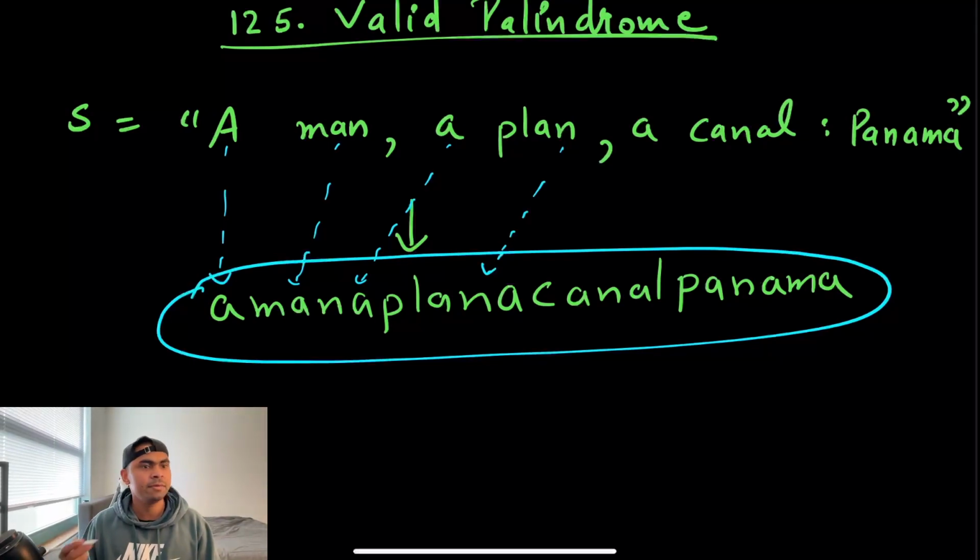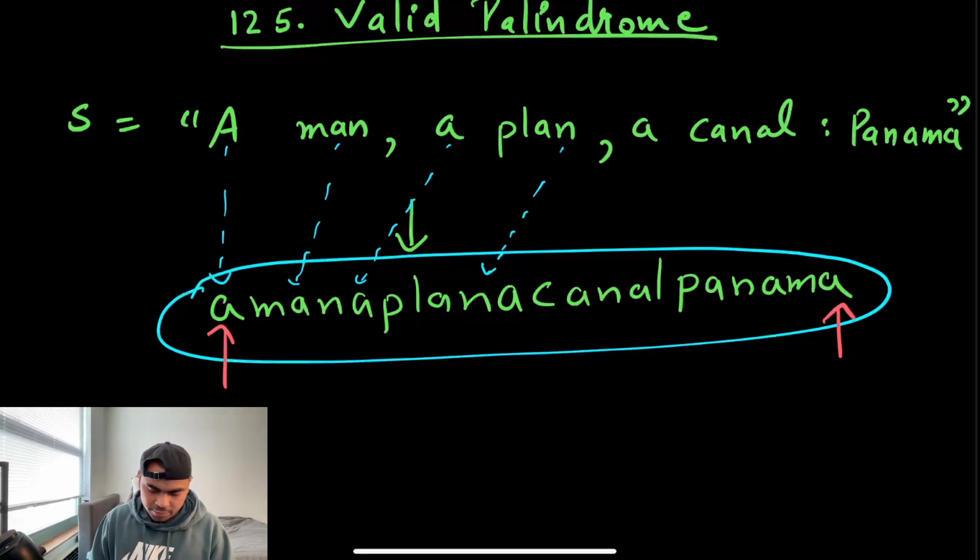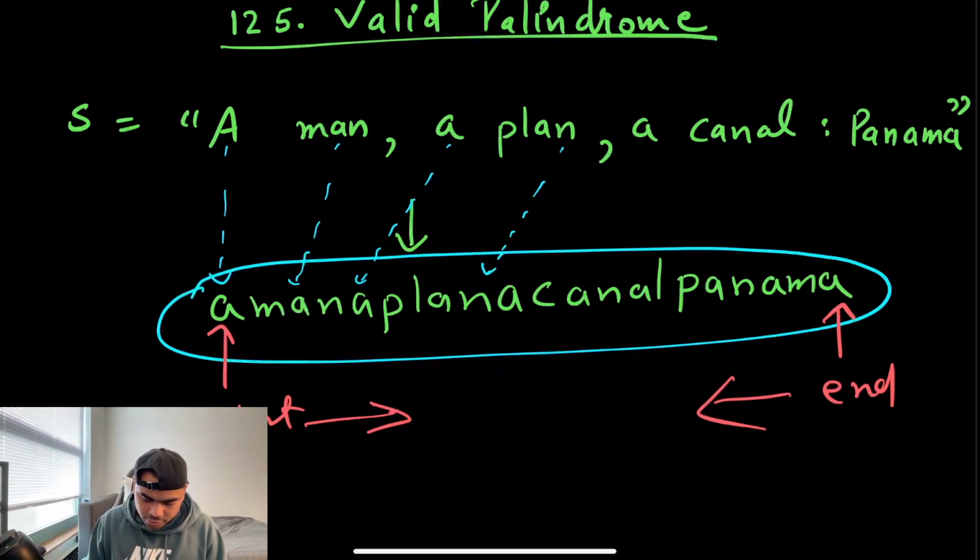How are we going to check it? Two pointers approach. We're going to have a pointer right in the front and one right in the back, and we keep checking. The start will move forward, the end will move backward, and wherever we come across values that are not matching, we return false.